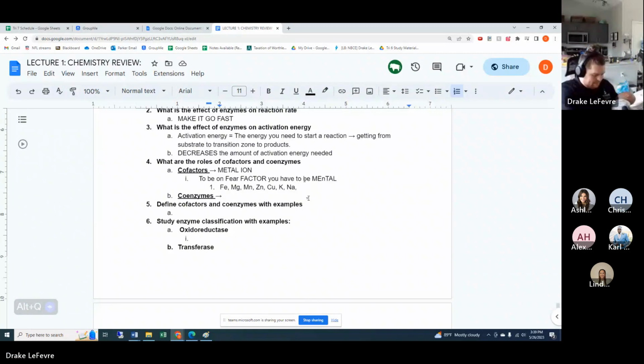So salt's part metal, I guess? Is that how that works? It's a mineral, so minerals. Oh, okay, mineral. That makes sense. Yeah, they're kind of grouped into the same category. And then our coenzymes, these are our larger, more complex organic molecules.